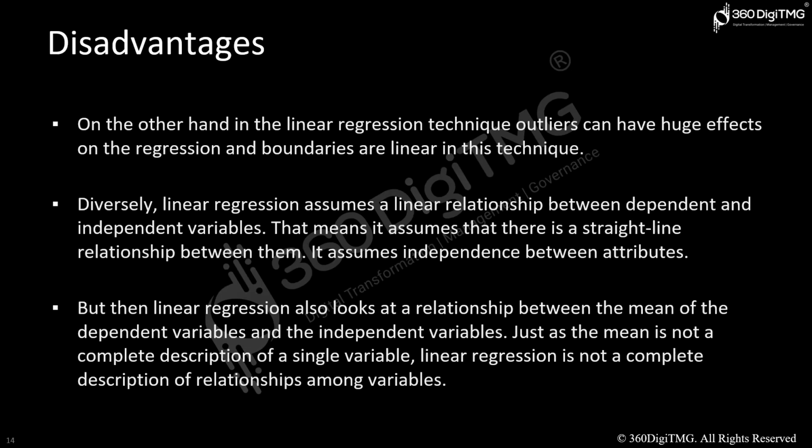Conversely, linear regression assumes a linear relationship between dependent and independent variables. That means it assumes there is a straight line relationship between them. It assumes independence between attributes. Linear regression also looks at a relationship between the mean of the dependent variable and the independent variables.